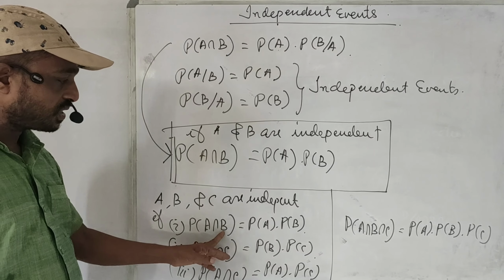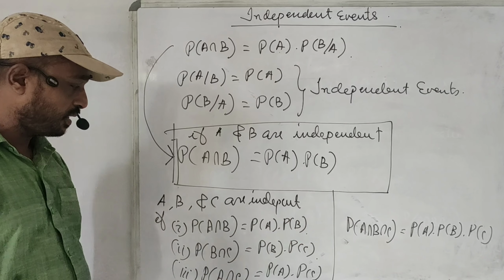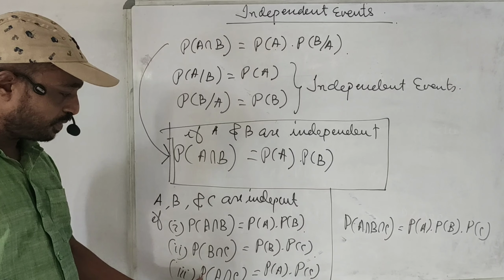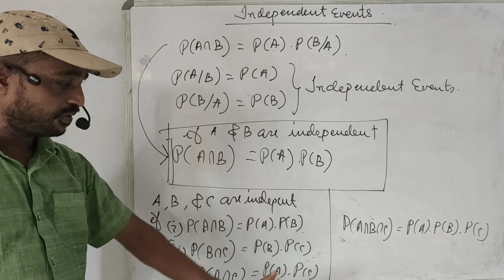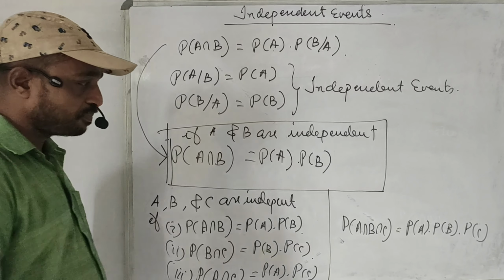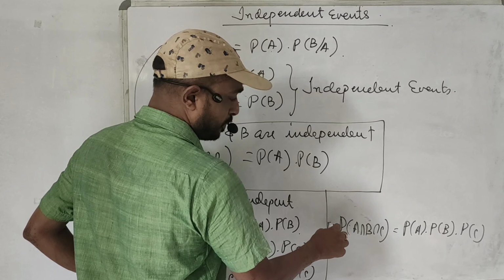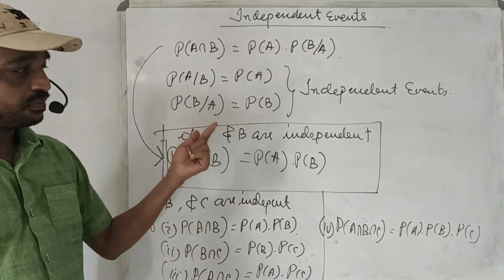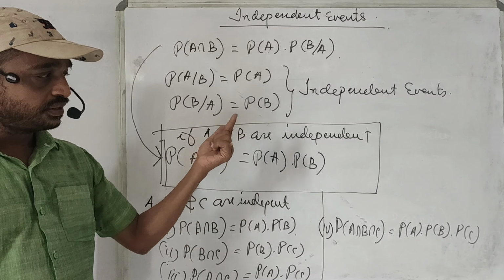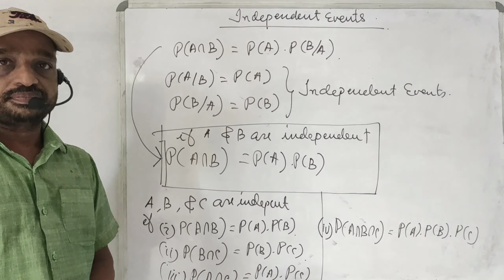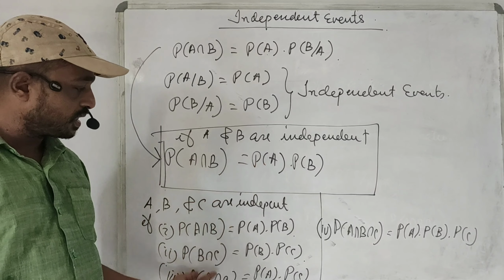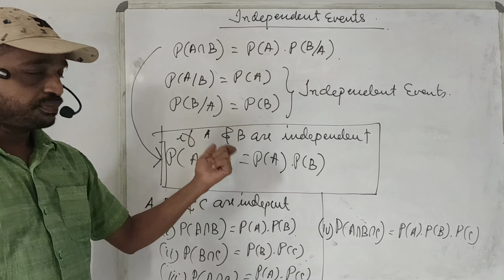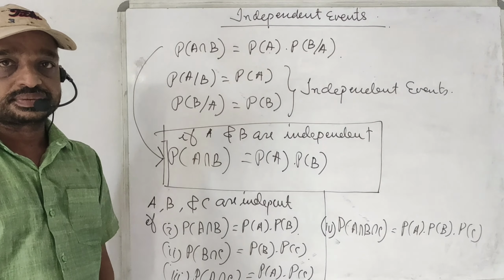P of A intersection B is equal to P of A into P of B. P of B intersection C is equal to P of B into P of C. P of A intersection C is equal to P of A into P of C, and finally P of A intersection B intersection C will be equal to P of A into P of B into P of C. These are the conditions for three events A, B and C to be independent.